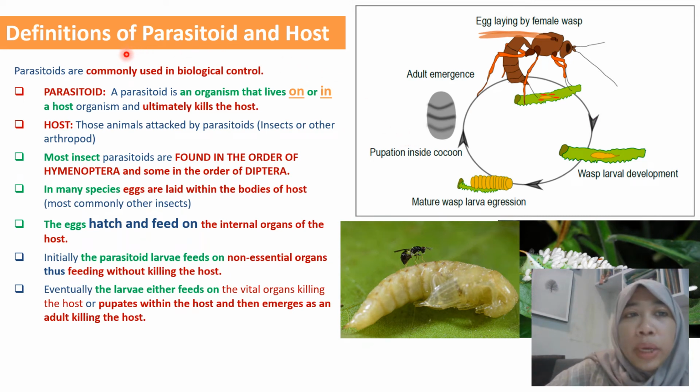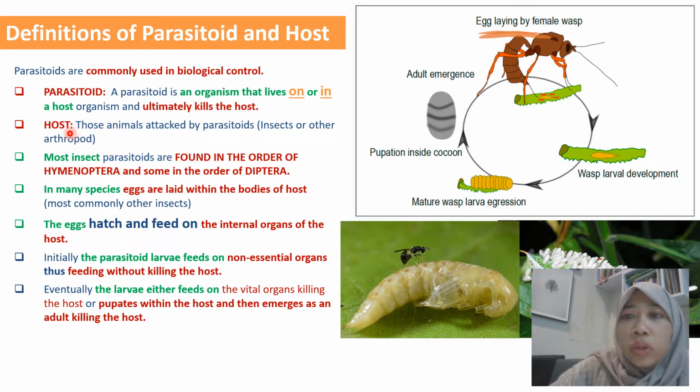Now we move to the definition of parasitoid and host. What is parasitoid? Parasitoid is an organism that lives on or in a host organism and ultimately kills the host. So this parasitoid could live on or in. Jadi bisa hidup di dalam atau pada inangnya ya. Organism that lives on or in the host and ultimately kills the host.